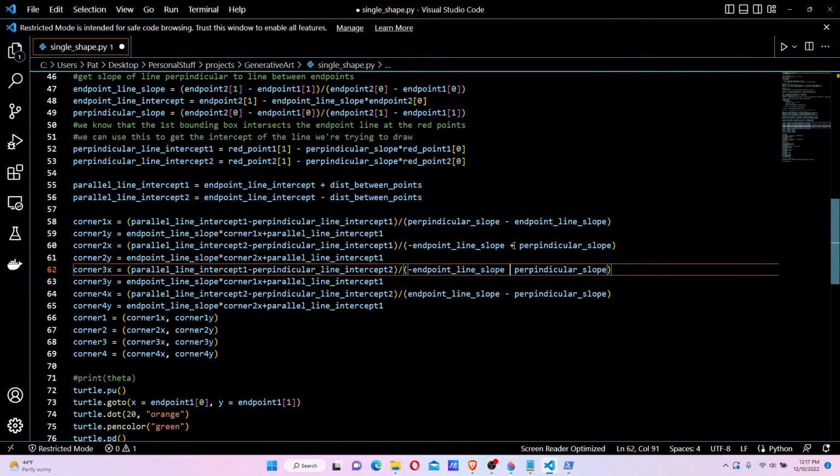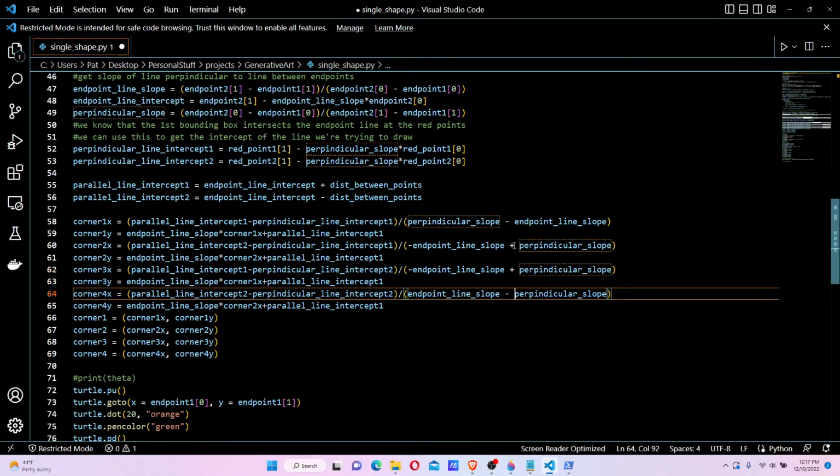This should be plus. Minus. Okay, so then parallel line intercept 2 minus perpendicular line intercept 1 over perpendicular slope minus parallel line intercept.